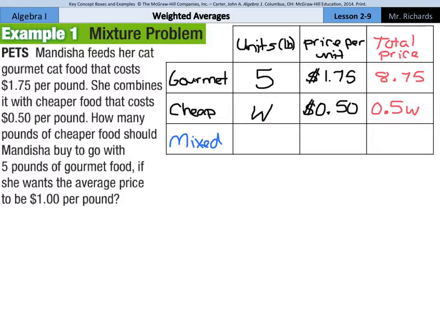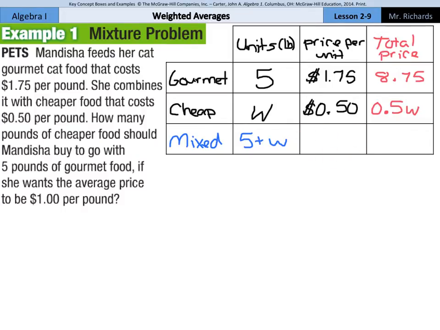Now it comes down to our mixed category. For our mixed, our units are going to be the 5 plus the W. Now, this price per unit is not going to be $1.75 plus 50 cents. The price per unit is going to be the dollar per pound we want right here.